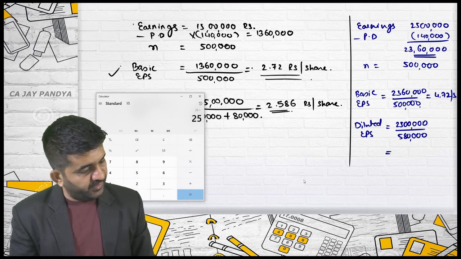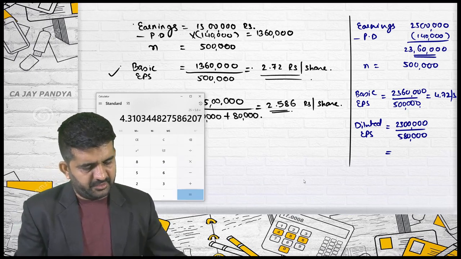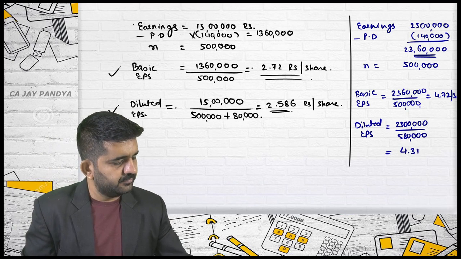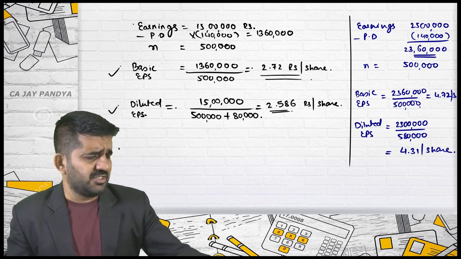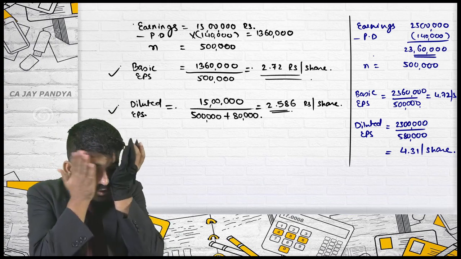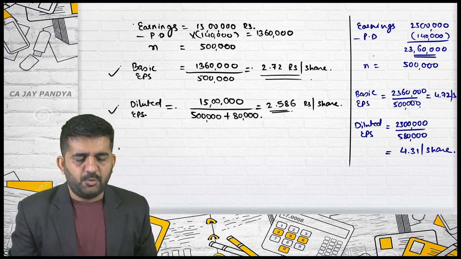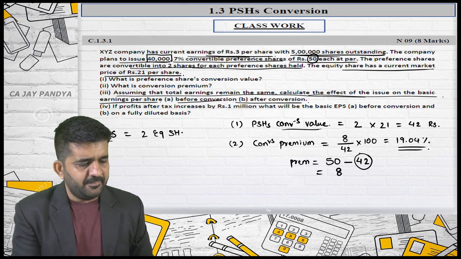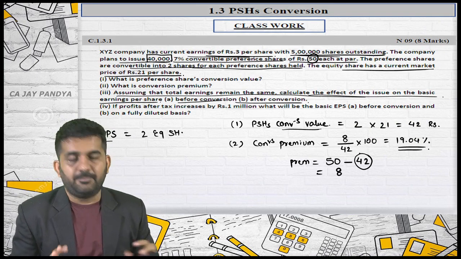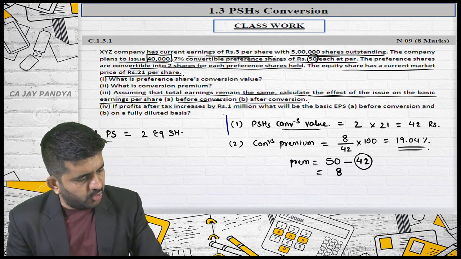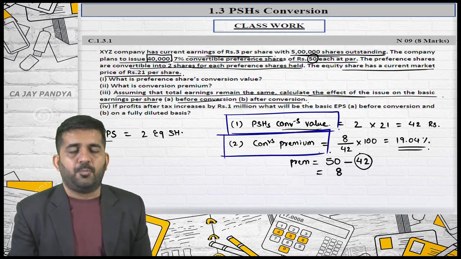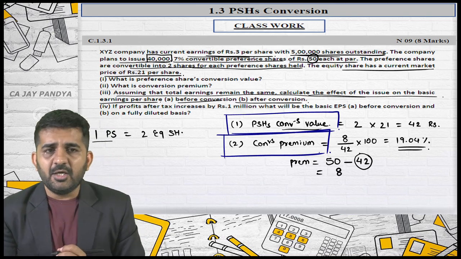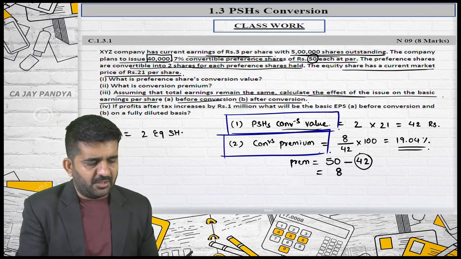It is 25 divided by 5.8, which is 4.31. So they have just asked an alternate answer in this question. Basic and diluted EPS is covered, and preference share conversion value and conversion premium. Those are the 2 points covered in this case. Is it alright? In the next sum, we will be covering 2 more concepts.